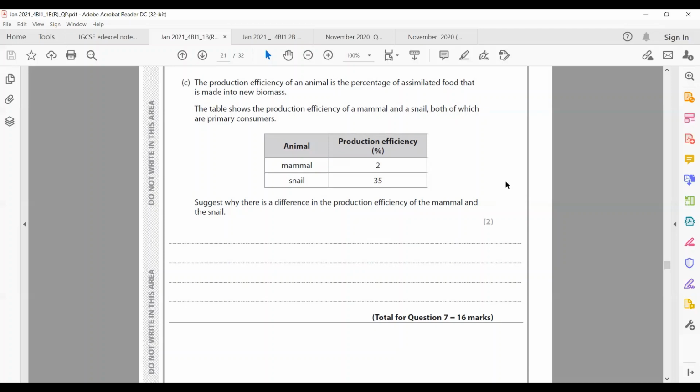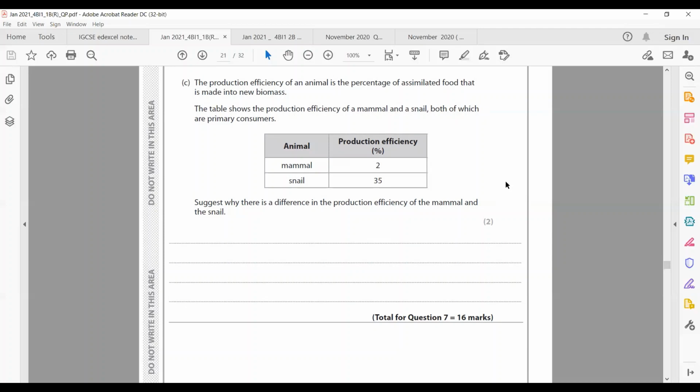Remember I told you this? And I told you that the cow, for example, has a great loss of energy from the food that it takes, in respiration, in movement, with feces and urine and so on. So here the mammal's activities, or its metabolic rate, or metabolic activities, are higher than that of the snail.